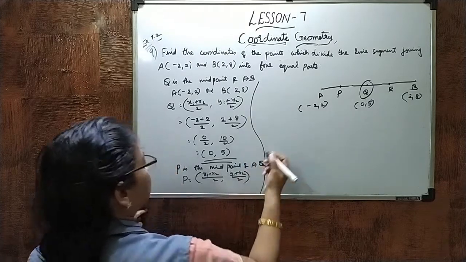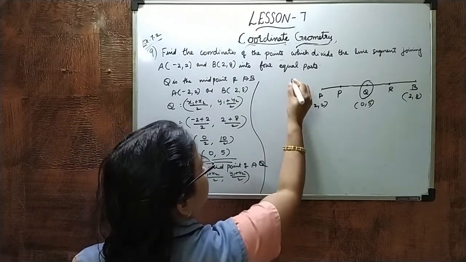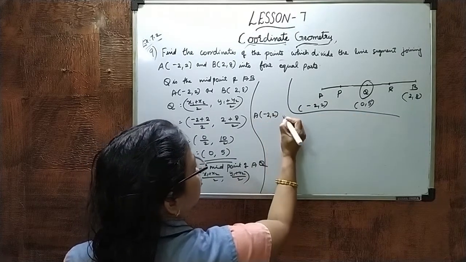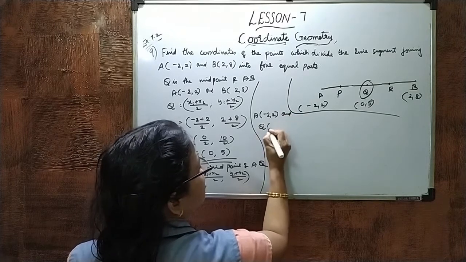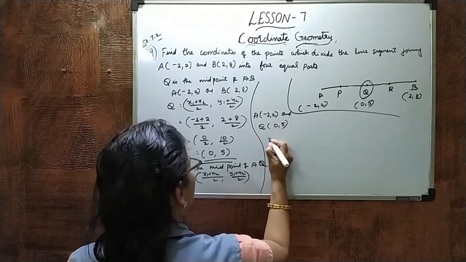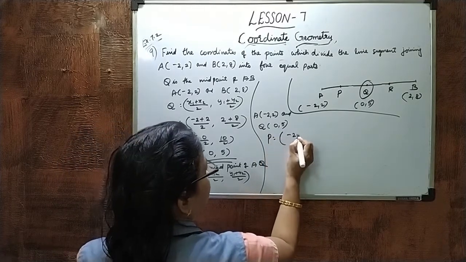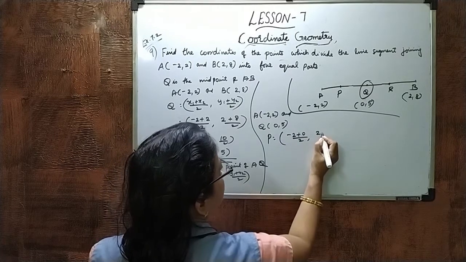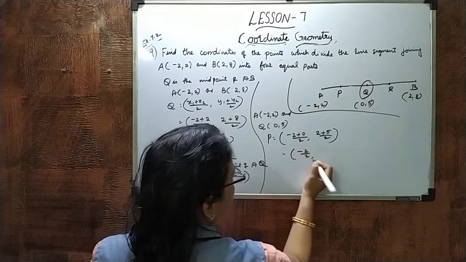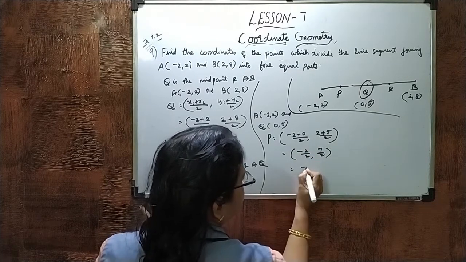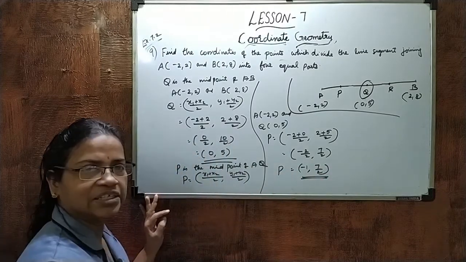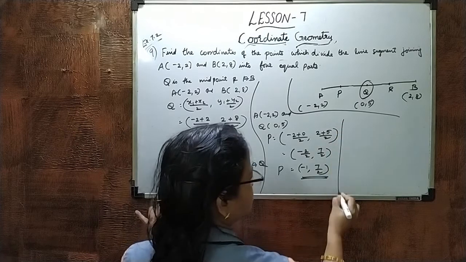Here A is negative 2, 2 and Q is 0, 5, x1 y1, x2 y2. So P equals (negative 2 plus 0) divided by 2, then (2 plus 5) divided by 2. It will be negative 2 by 2, 7 by 2. That means negative 1, 7 by 2. So the coordinates of P is negative 1, 7 by 2.